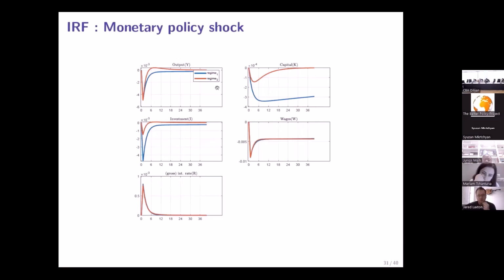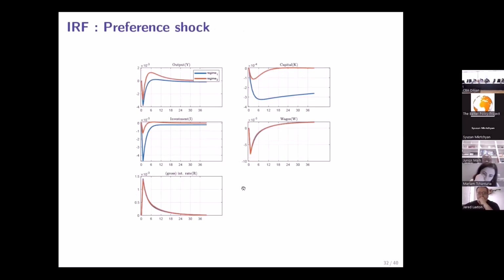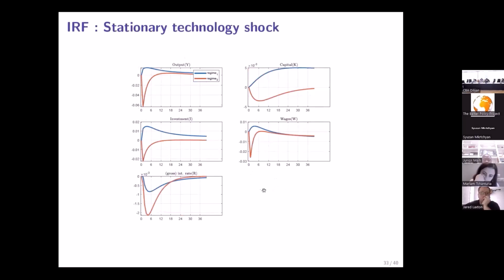We have impulse responses to monetary policy shocks. Output falls as usual, capital is destroyed, investment falls, wages fall, and the interest rate increases. That's the interest rate shock. We have the preference shock here, and the stationary technology shock.